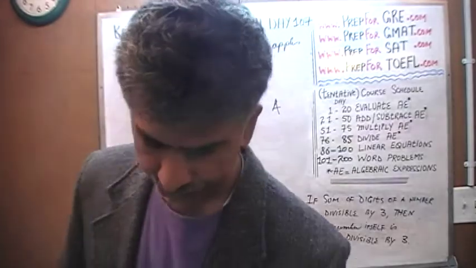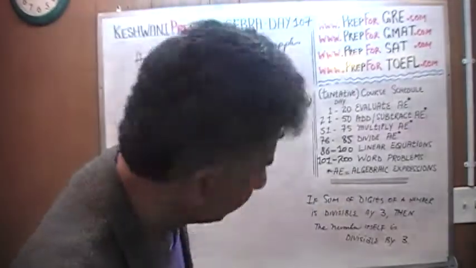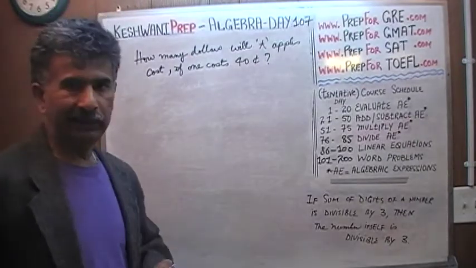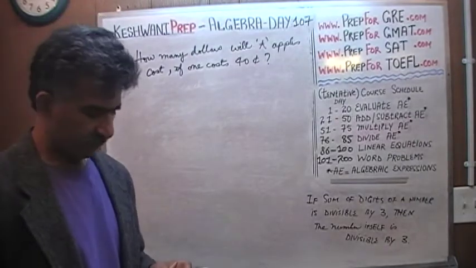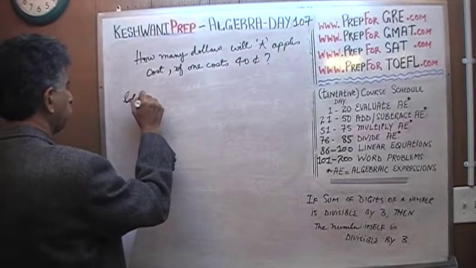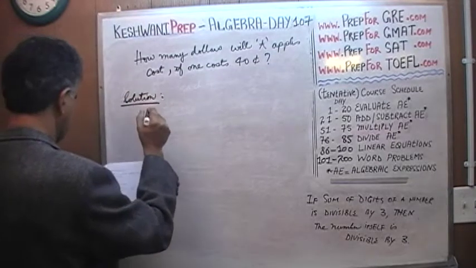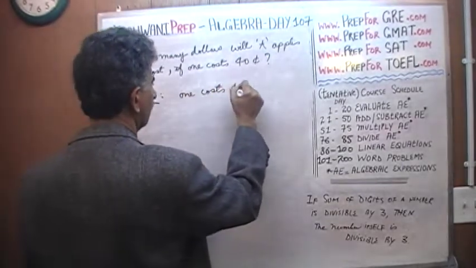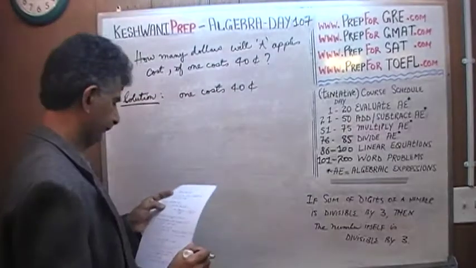So here's the solution. How many dollars will A apples cost if one costs 40 cents? This is how you would show the solution. We know that one costs 40 cents.